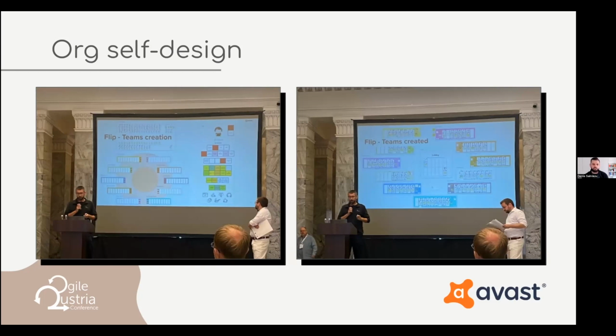So they went through the same steps, and you can see on the left here that they asked people to come up with their avatars, to do some kind of color coding of their expertise and tech stack. They've created those spaces for each team, and they went through several rounds, ending up with having 11 teams self-designed and the new structure defined.